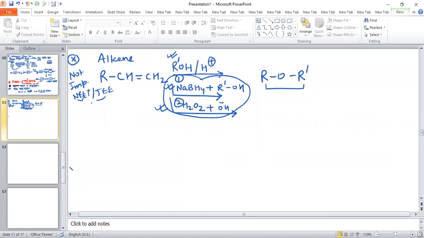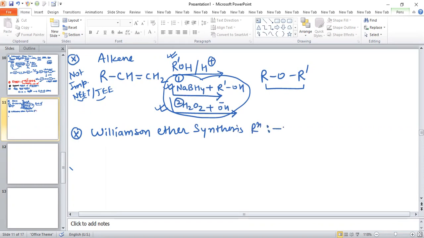Now see another reaction. This is an important reaction related to the preparation of ether, which is Williamson ether synthesis.